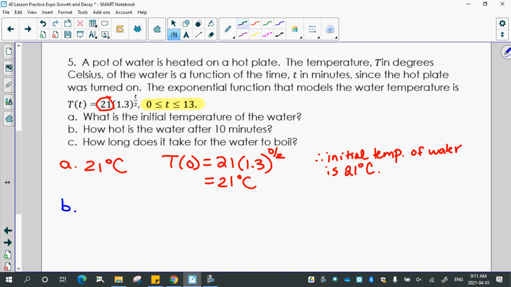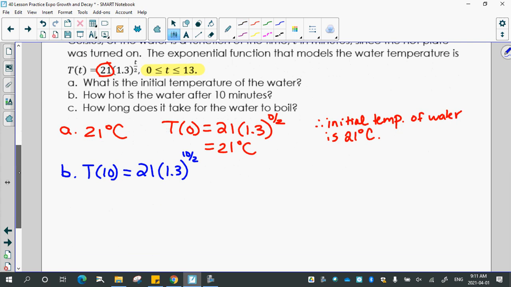How hot is the water after 10 minutes? Any idea how I would calculate that? Find out how hot the water is after 10 minutes. The little t, right? So T at 10 minutes is equal to 21 times 1.3 to the 10 over 2, which is 5.